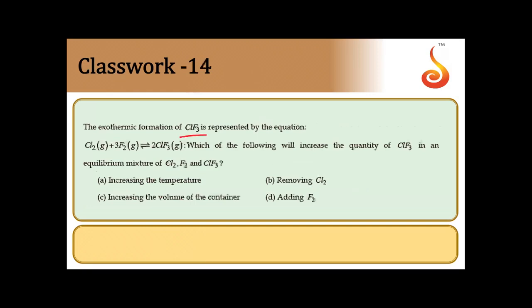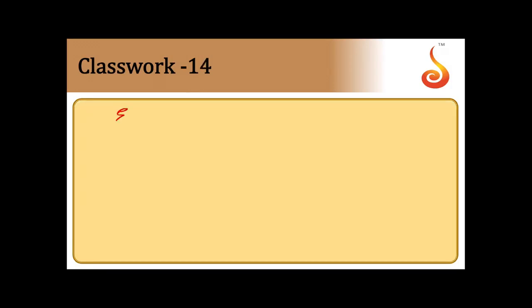When you see an exothermic reaction, it means low temperature favors the forward reaction, that is, the right hand side.